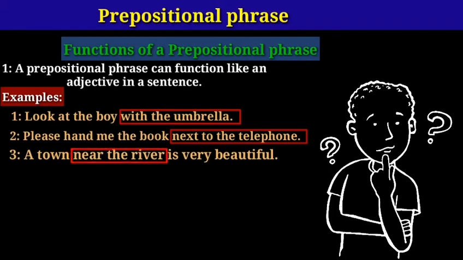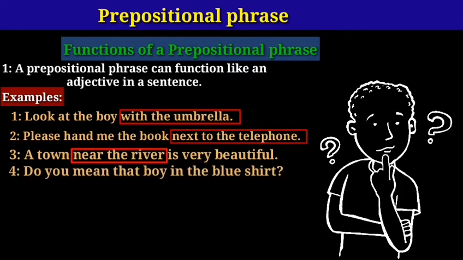Near the river. And this phrase, near the river, is a prepositional phrase because it starts with a preposition and it is a group of words and there is no subject-verb combination, and if you analyze its function, it modifies a town. So that is why a prepositional phrase can function just like an adjective in a sentence.